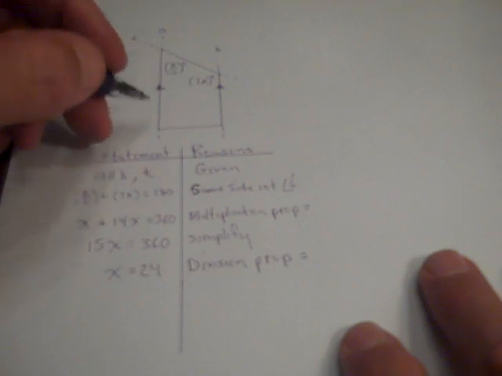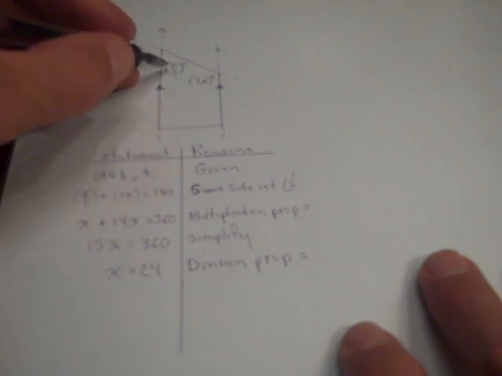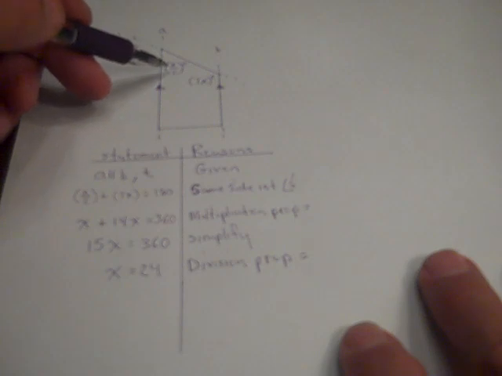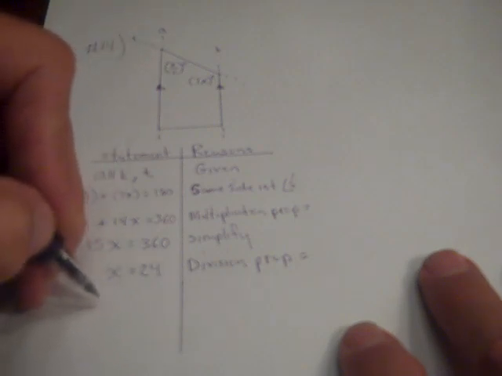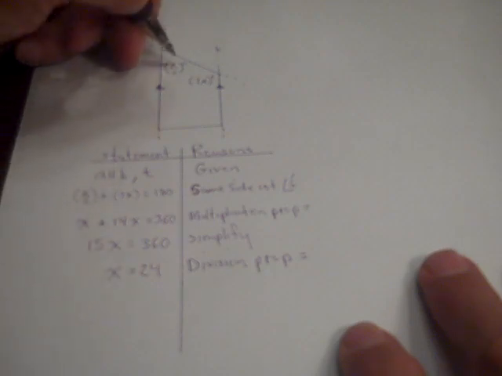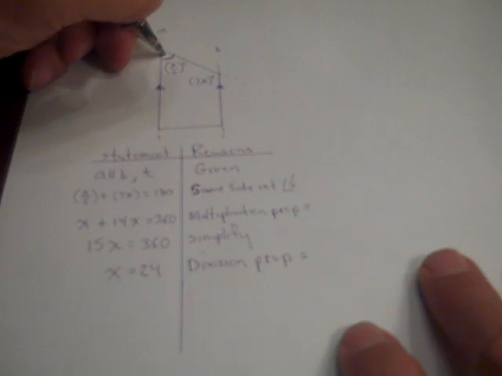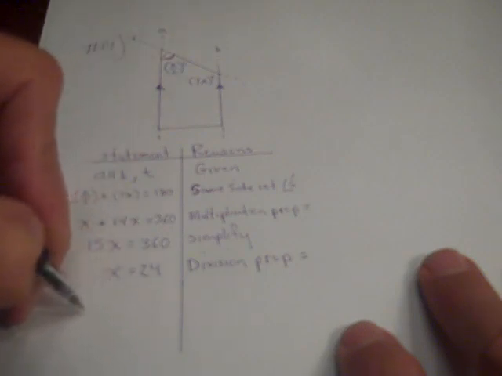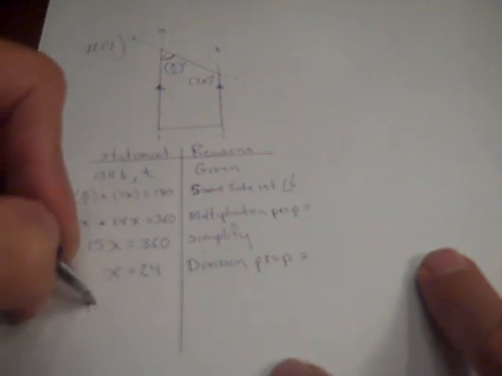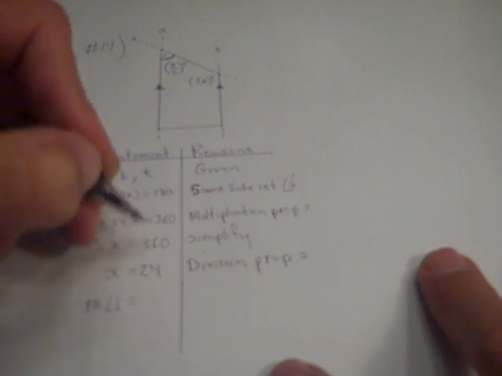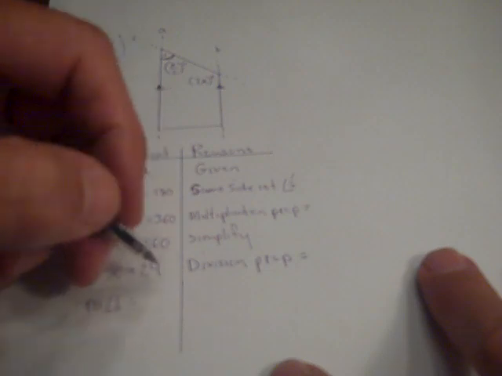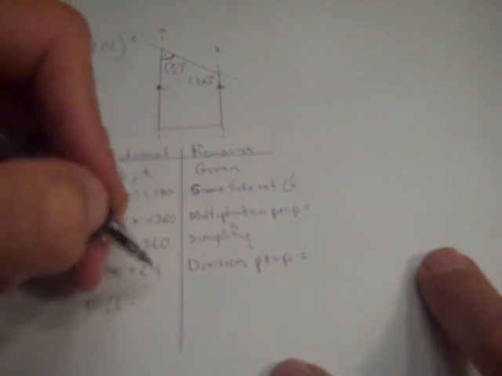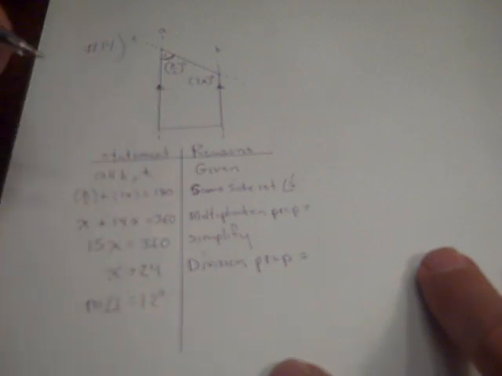So if I plug 24 into this term right here, I'll call this angle here angle 1. The measure of angle 1 is equal to 24 over 2, which is equal to 12 degrees.